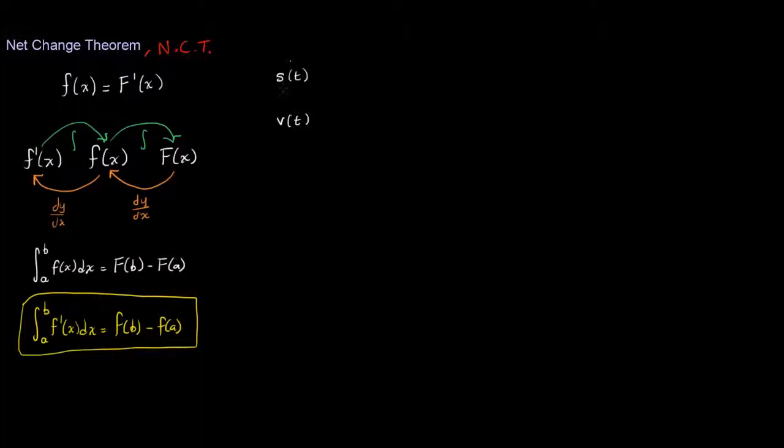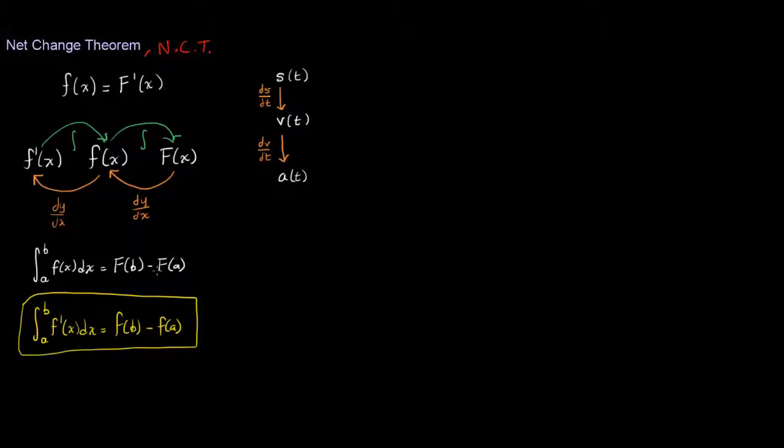And you can move from position to velocity by taking its derivative with respect to time. And if you're at the velocity function, you can move to the acceleration function just by taking its derivative again, the differential of velocity over the differential of time, and you will get the function that describes its acceleration.